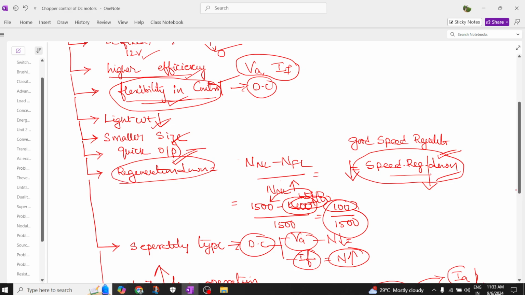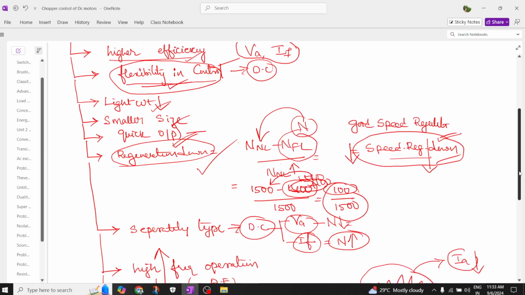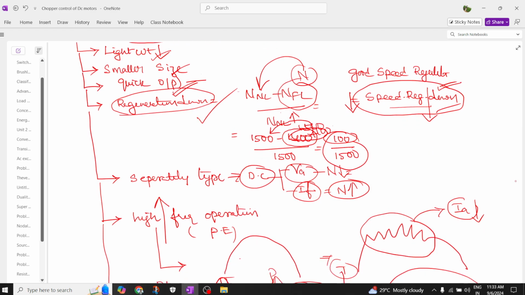If the speed regulation is better, it is able to supply the required amount of voltage and current to the rotor, where the rotor is connected to the load. So under full load condition, whatever speed is demanded by the load is supplied, which is called good speed regulation, taken care of by the power electronic devices. Generally in DC motor traction, we currently use separately excited DC motors.